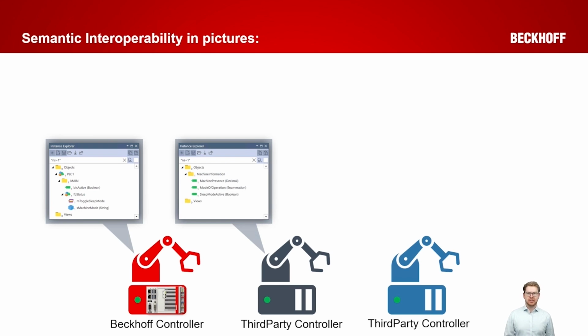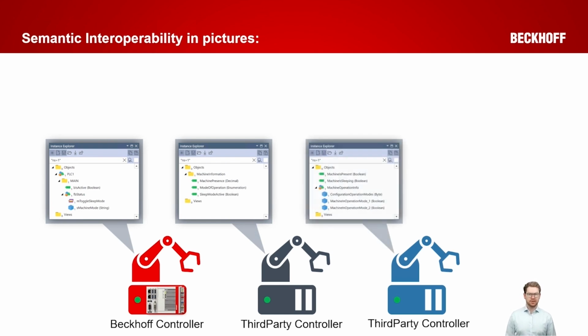On the second machine, we may have a folder with some variables in it, and on the third machine, we may not even have an organizing folder, just some variables and an object directly under objects, and some more complex configuration beneath the machine operation mode object.